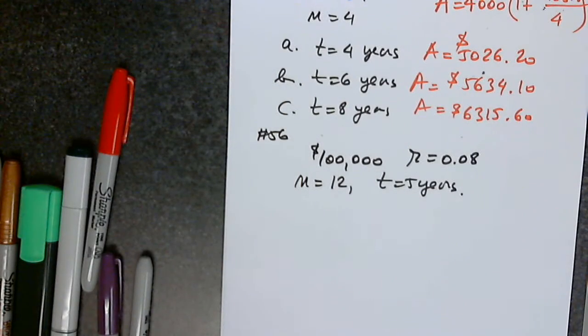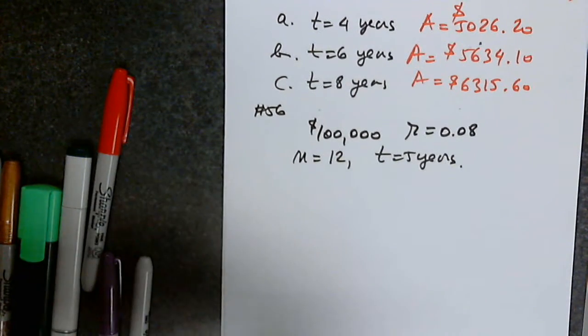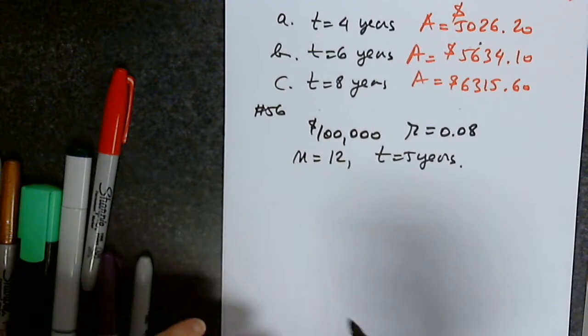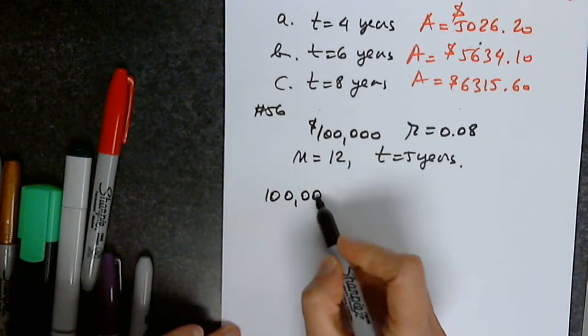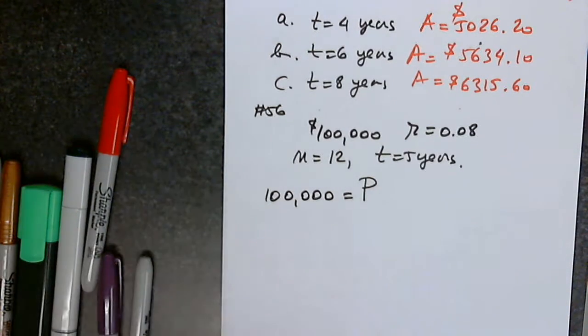In the future, the accumulated value is 100,000, but I don't know how much I should invest today to get 100,000 in 5 years. So the accumulated value this time is 100,000. Is this clear? The principal is not known. I don't know how much to invest today so that I have $100,000 in 5 years from now.